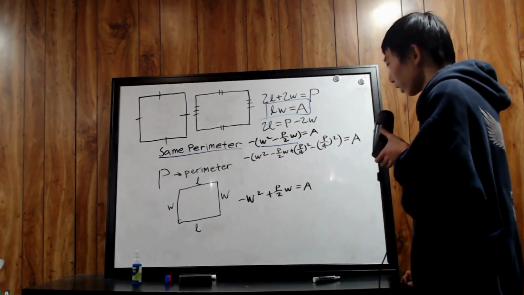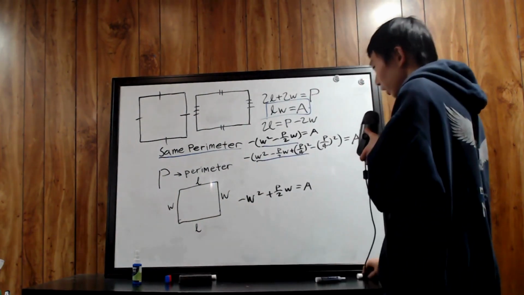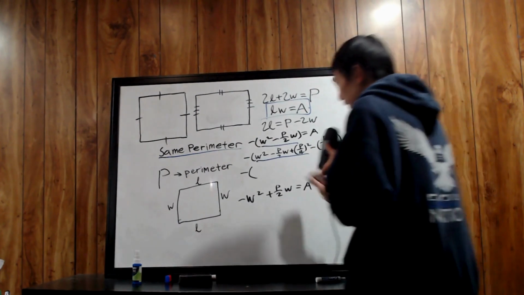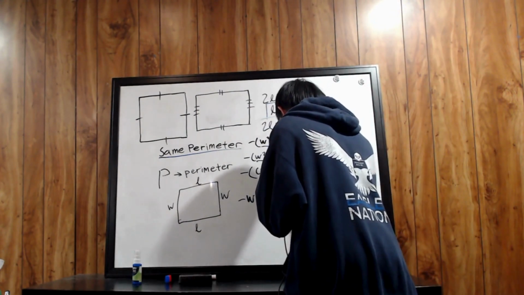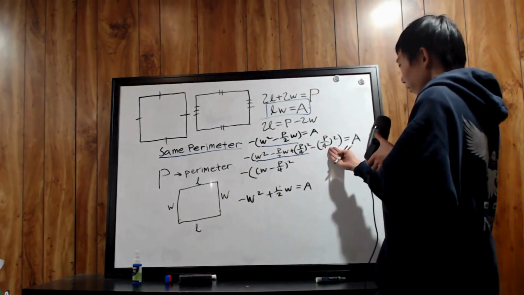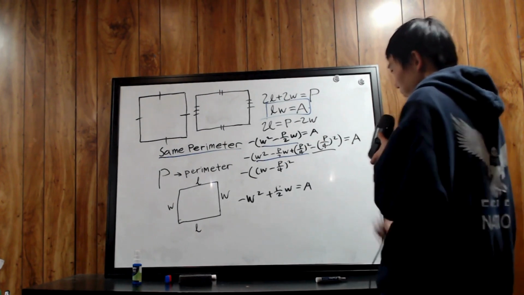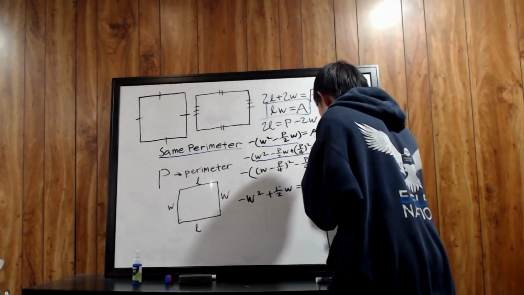Now we can complete the square for this part. We have negative, and this entire part becomes W minus P over 4, all squared. Remember, we still have the minus P over 4 all squared, and this would just be minus P squared over 16.